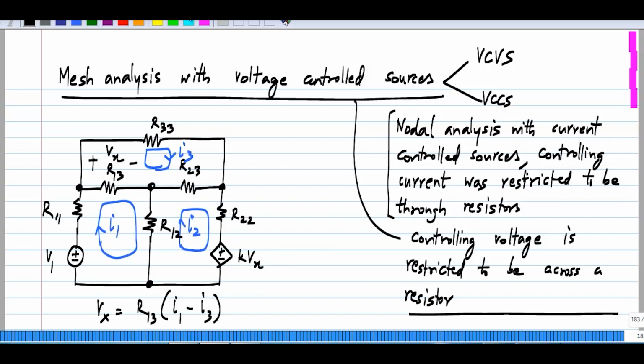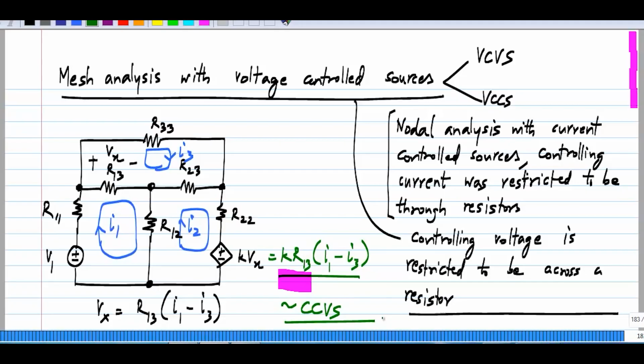So this voltage source can instead be written as K R13 times (I1 minus I3). Clearly, instead of thinking of this voltage source as K times the voltage Vx, you can always think of it as K R13 times some controlling current I1 minus I3. So with this rewriting, this becomes analogous to a current controlled voltage source, which we have already studied.